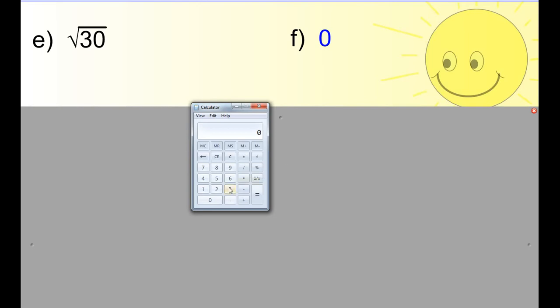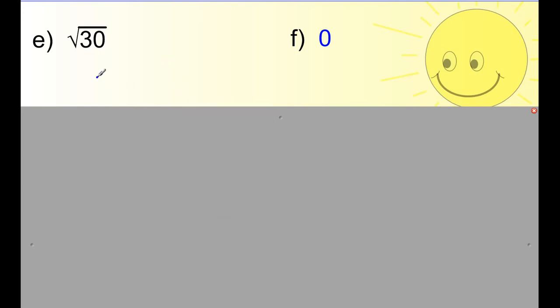So I'm going to type in square root of 30, and it gives me this number, 5.4772255750516661. That number, as far as I can tell, does not have a repeating pattern. And it doesn't look like it stops. I mean, this goes, it's a long way. This square root of 30 is also irrational.